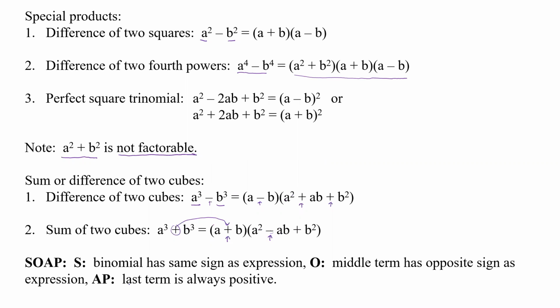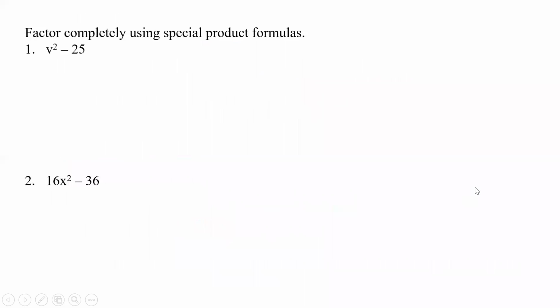And then AP is, the last term is always positive. Again, if you just remember that the sign of the binomial is the same, and then the middle term is opposite, we're good to go because we always know the last term is positive. But again, SOAP helps some people.